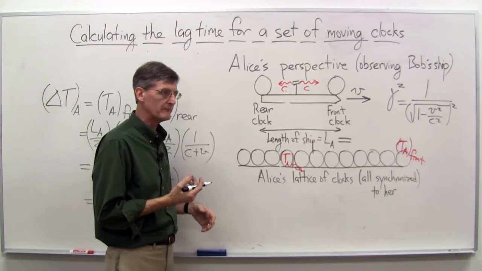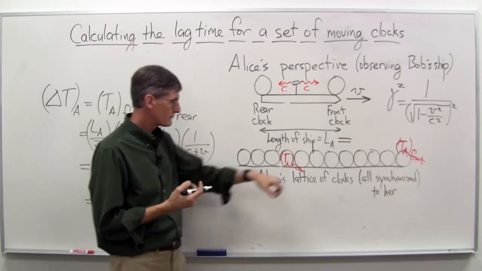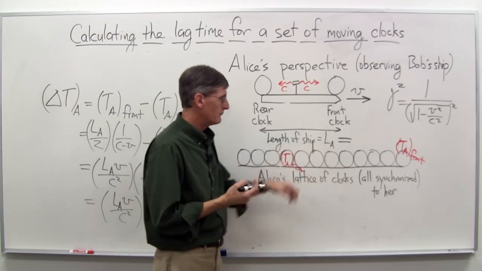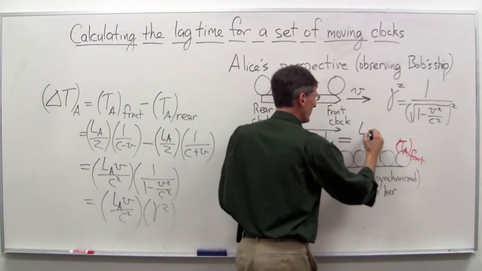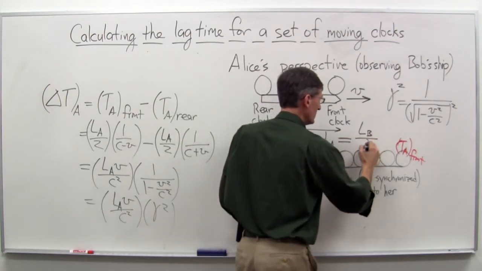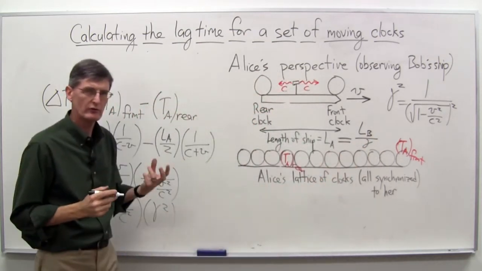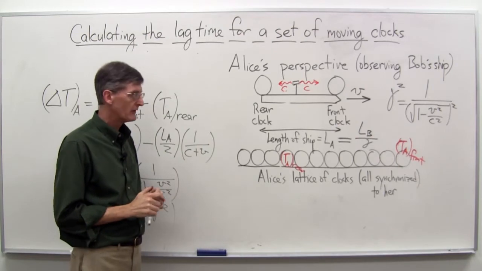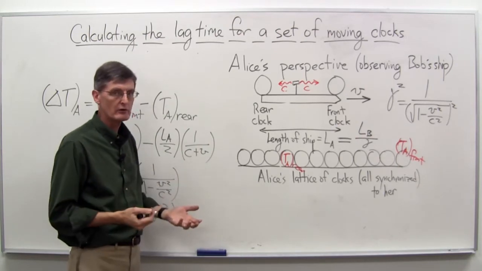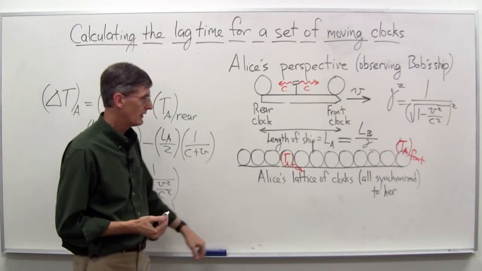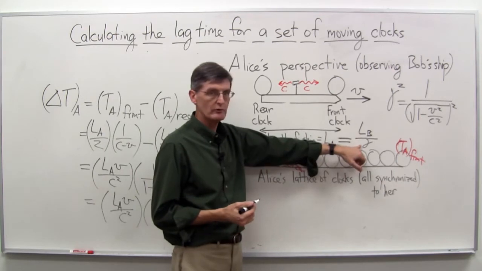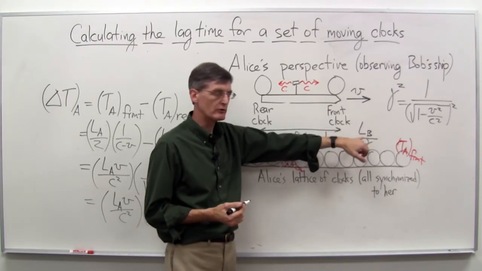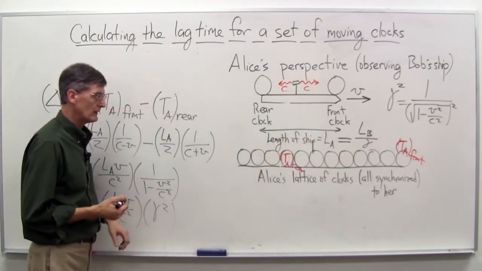I said it the other way around here. So LA is actually going to be a smaller number than LB. In other words, LB over gamma. This is why it's just useful to think, okay, length contraction. What does that mean? It means Alice sees the length of Bob's ship to be smaller than Bob sees it to be. And we know gamma is always bigger than 1, and therefore LB divided by gamma will give me a smaller number for LA.